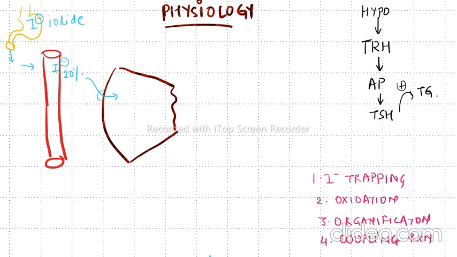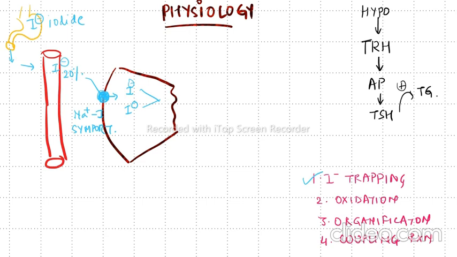Through the basal side, there is one pump called the sodium iodide symport pump, which will allow the iodide ion to pass through it via secondary active transport. So iodide ions will come here. This step is called iodide trapping. Iodide ions are trapped in the follicle.